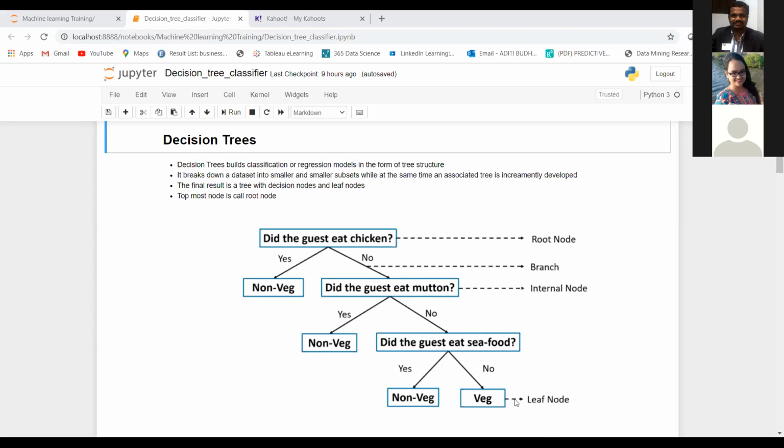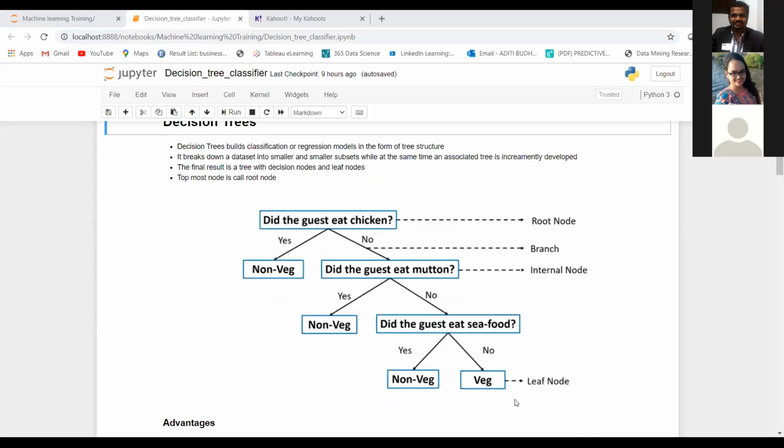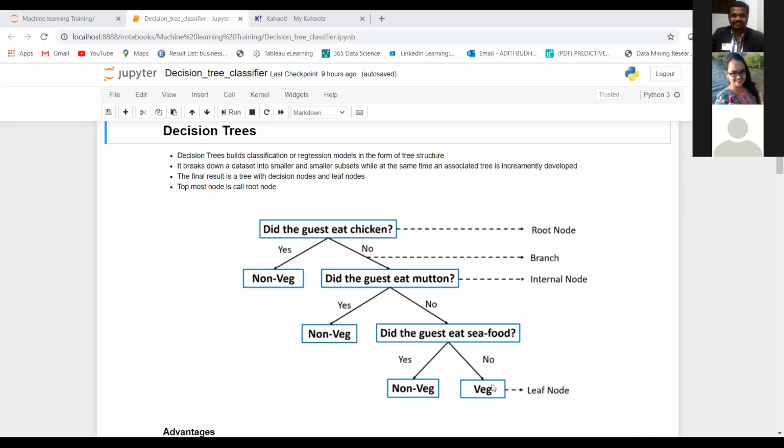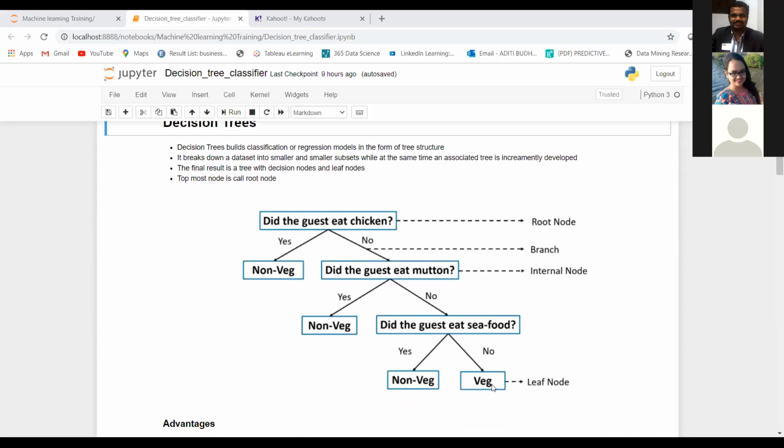Leaf nodes appear at the end, and these are nothing but the classes into which we have to divide our data set. So this is the structure.